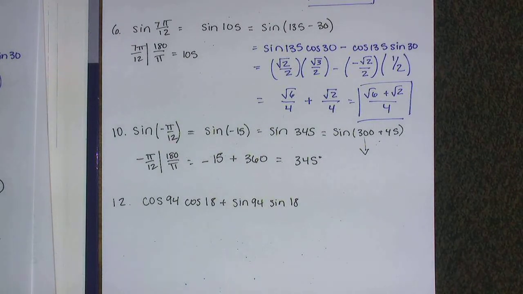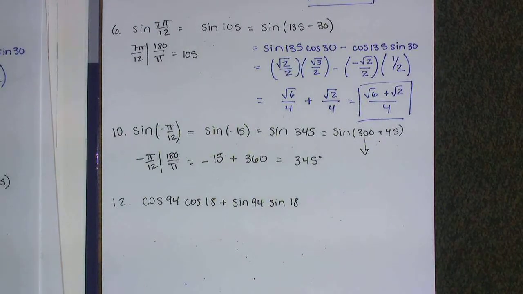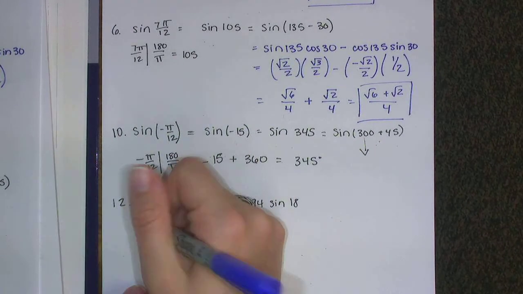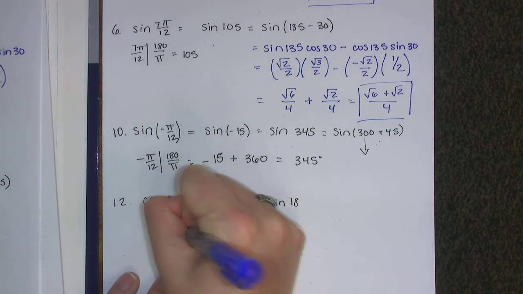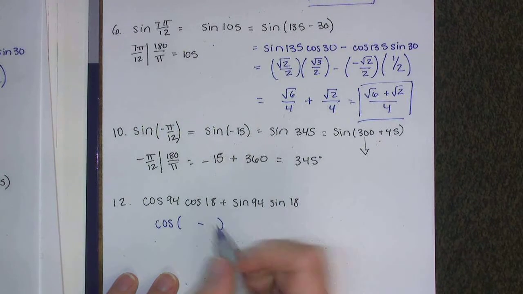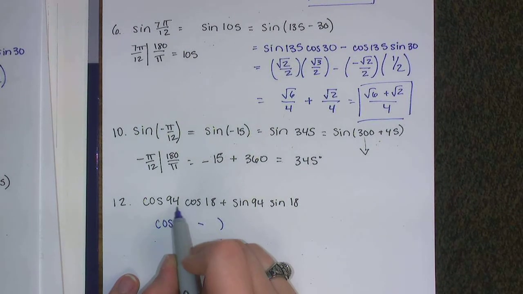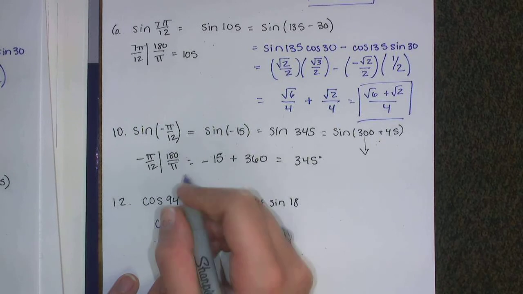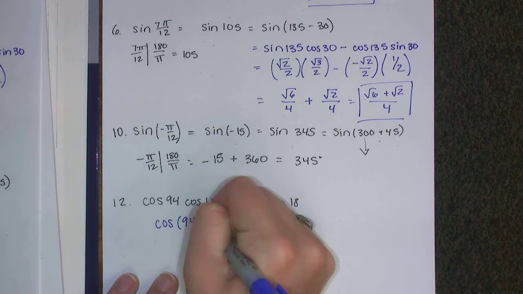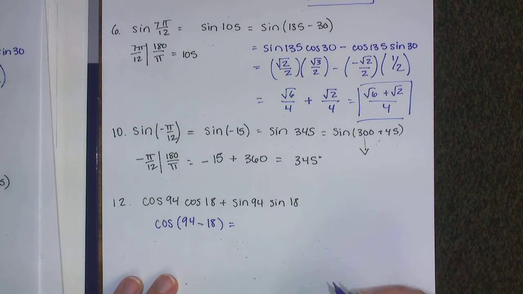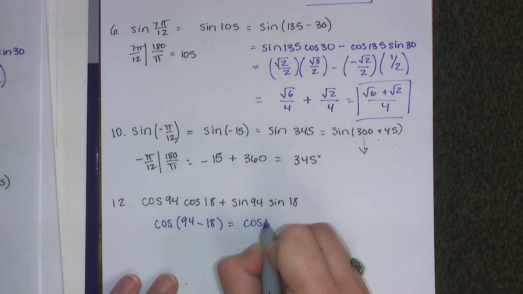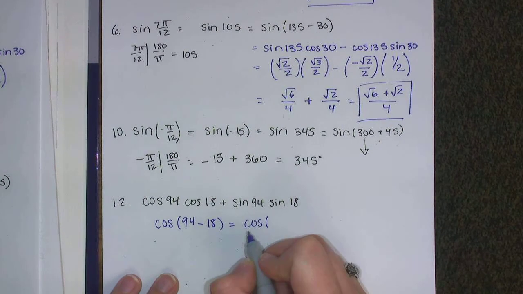So I know that I have the cosine of something minus something, and I know it's u minus v then, so 94 minus 18, which is equal to the cosine of 94 minus 18, which is 76. So the cosine of 76 is the answer for that one.